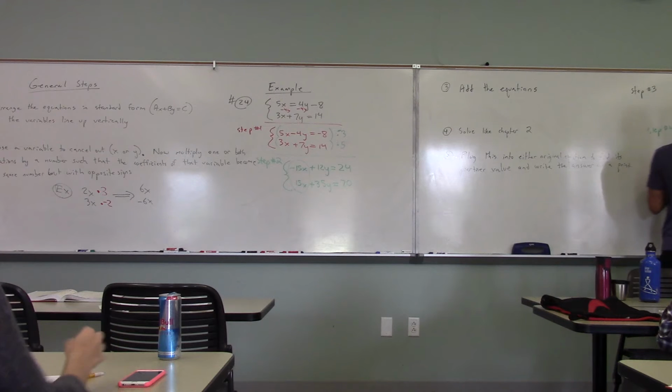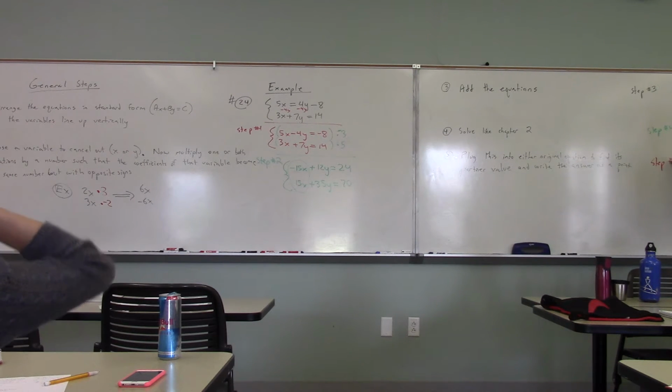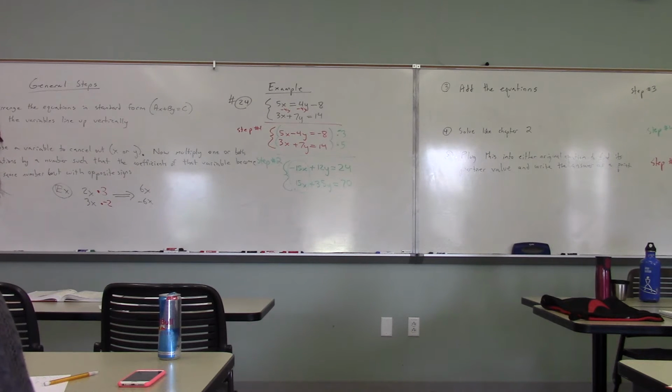Okay? So step number 5, I just plug y is equal to 2 back into either original equation, doesn't matter which one. I'll just plug it into the first one because I saw that one first. So 5x equals 4 times 2 minus 8. 5x equals 8 minus 8. 5x is 0.